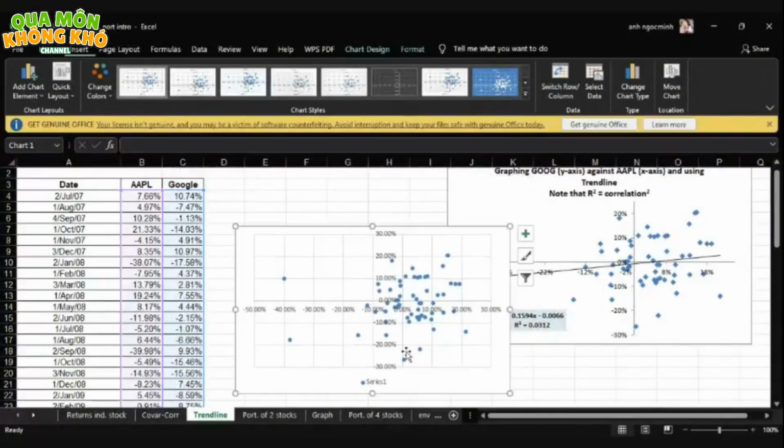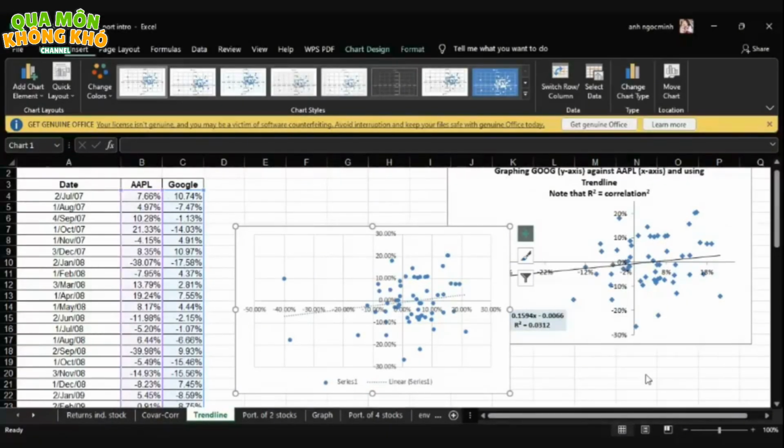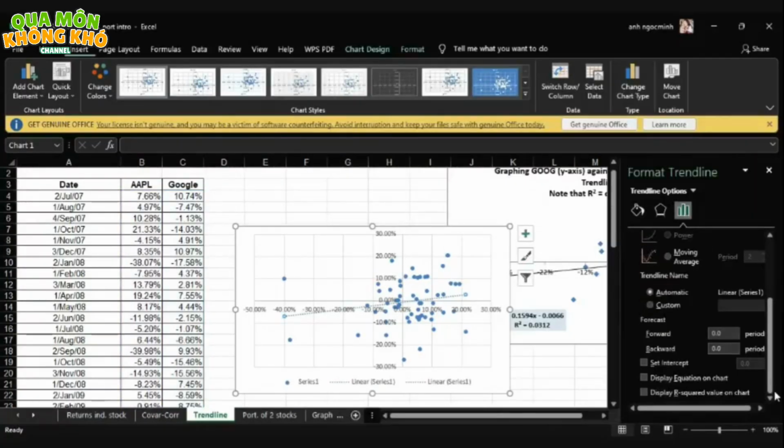So here we get a graph, and to illustrate the trend, we choose a straight line, more options, display equation and display R square.